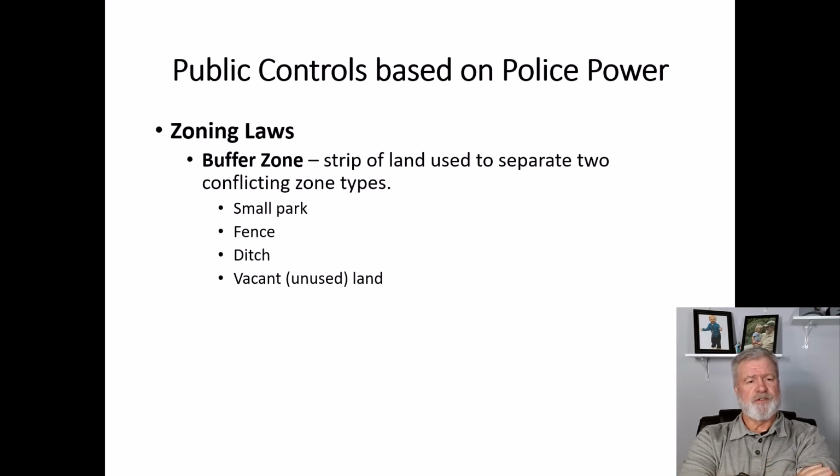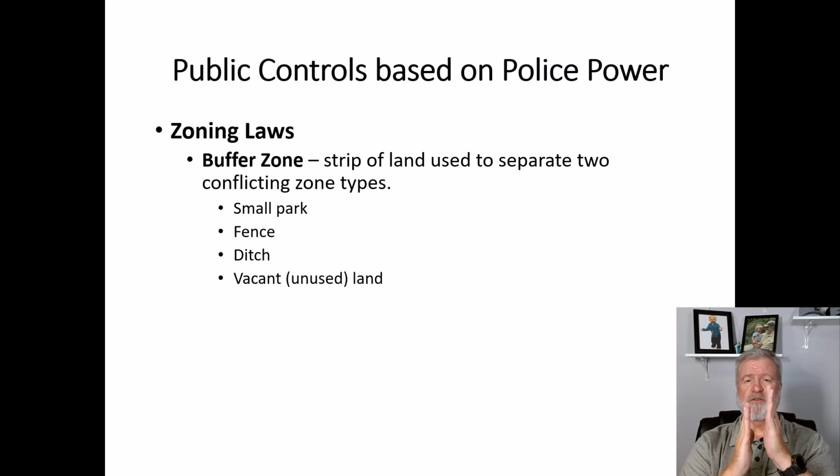But then this next term is called a buffer zone. Now, y'all, this is one not only for test purposes you need to be familiar with, but you need to be careful with this when you're practicing real estate. A buffer zone is required anytime you have two adjacent parcels of land with two different zone types.